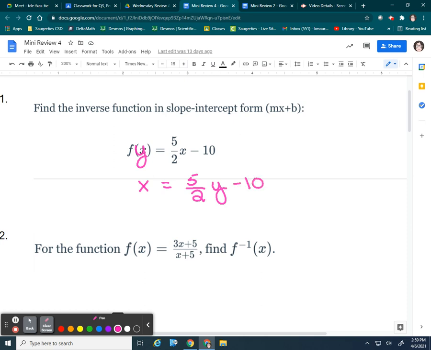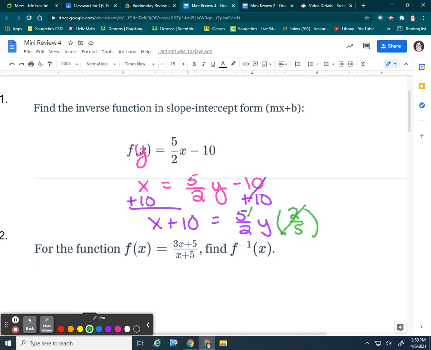That's simple enough, but the problem is now we have to solve for y. So in this case, I'm going to add 10 to both sides, and I'm sorry, there's not a whole lot of room on this. So I have x plus 10 equals 5 halves y. Now to get y by itself, I'm going to multiply by the reciprocal, 2 over 5. So those cancel out.